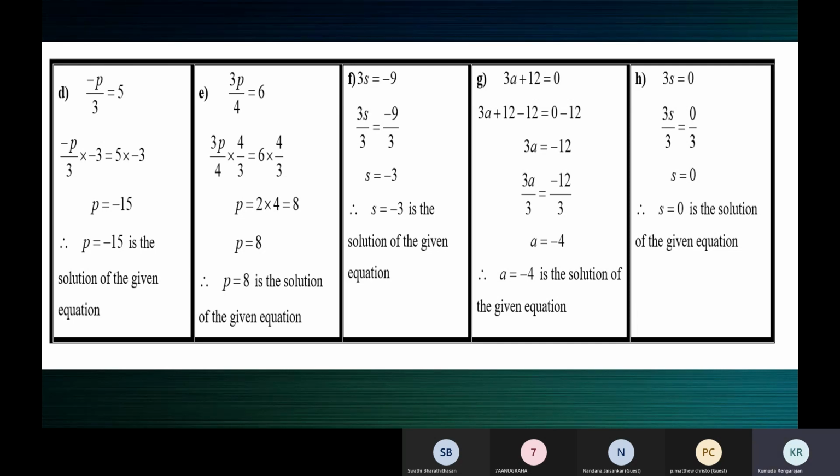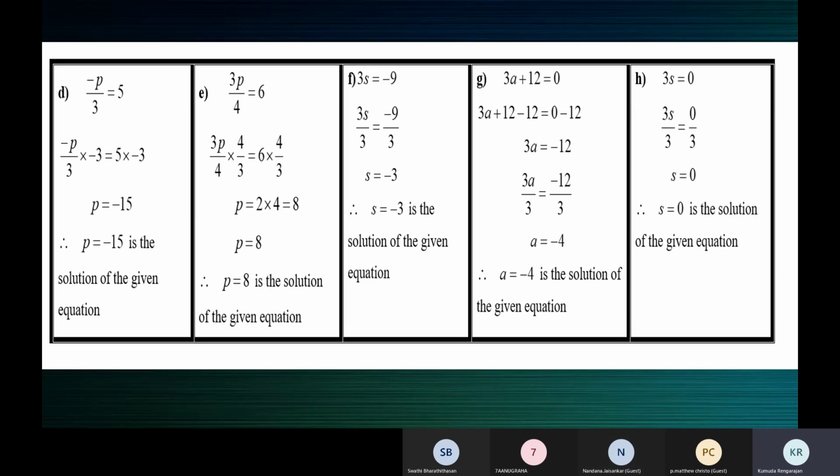But we have to find the value of p. So how do you make this negative p a positive p? By multiplying both the sides by -1. Because it's minus p, minus p into -1 is equal to 15 into -1.